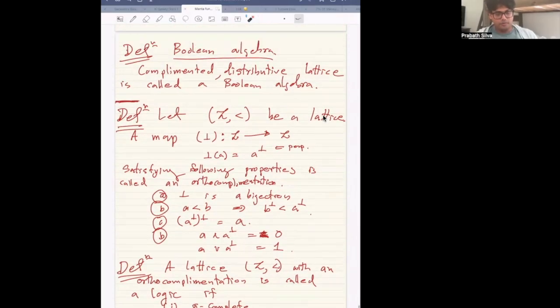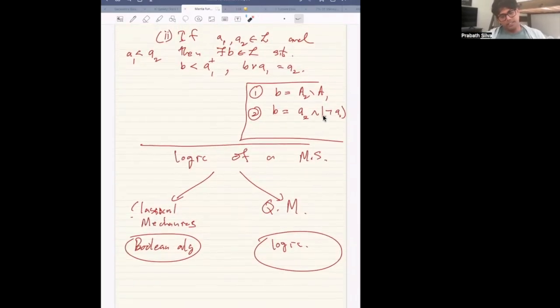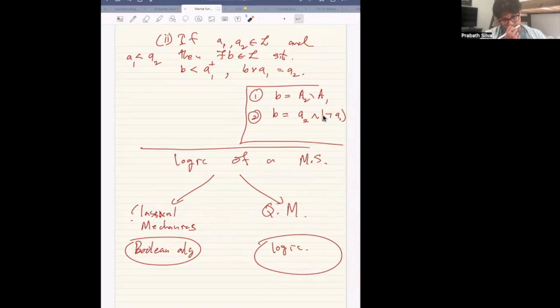We'll define what a mechanical system is using this language, and the main example is the closed subspaces of a Hilbert space, and then we will do a lot more. We define basic quantities in there.